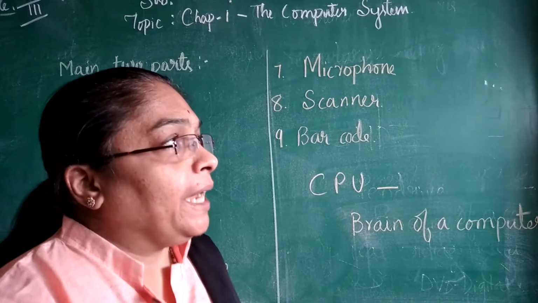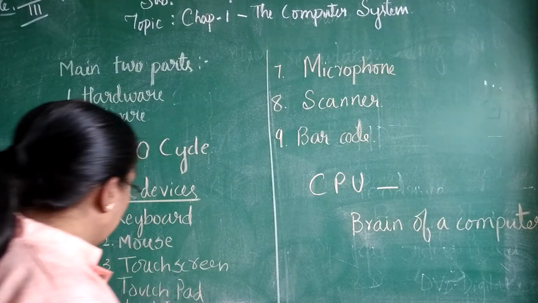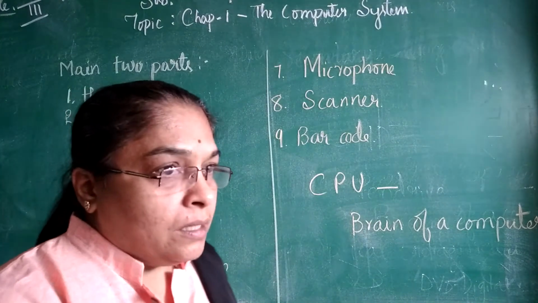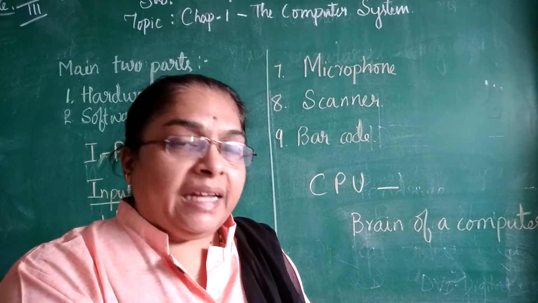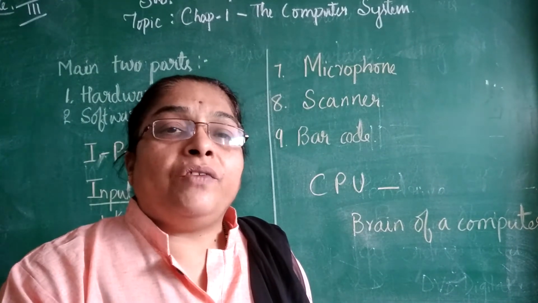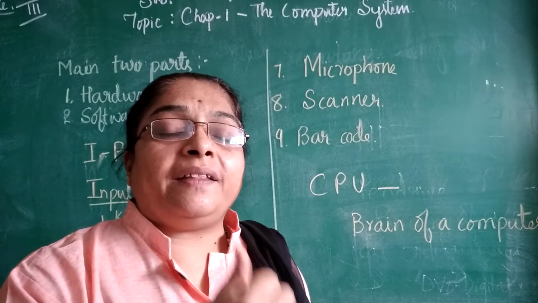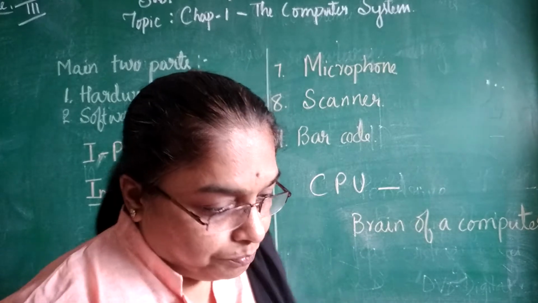With the help of a light pen you can point somewhere and do whatever you want. Next is the joystick. A joystick is like a lever. If you go to any cyber parlor or game shop where you play computer games, there you can see the joystick.